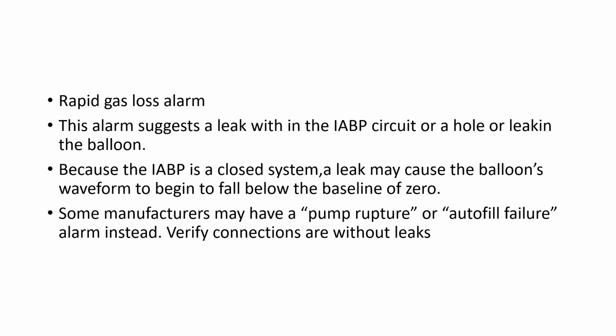Rapid gas loss alarm. This alarm suggests a leak within the IABP circuit, or a hole or leak in the balloon. Because the IABP is a closed system, a leak may cause the balloon's waveform to begin to fall below the baseline of 0. Some manufacturers may have a pump rupture or autofill failure alarm instead. Verify connections are without leaks.